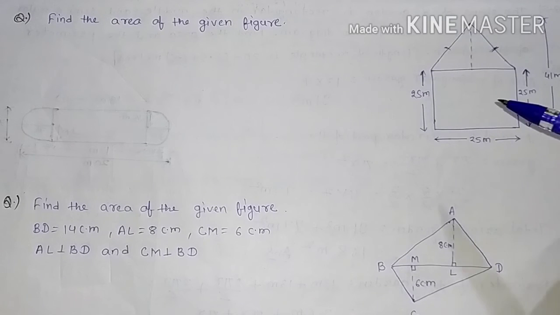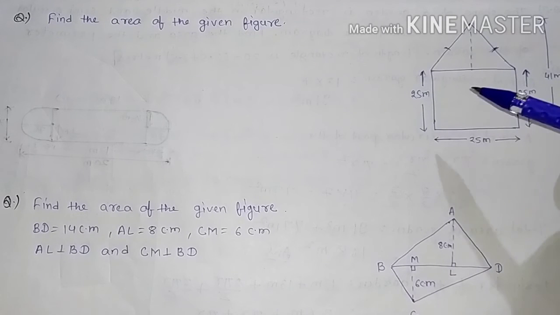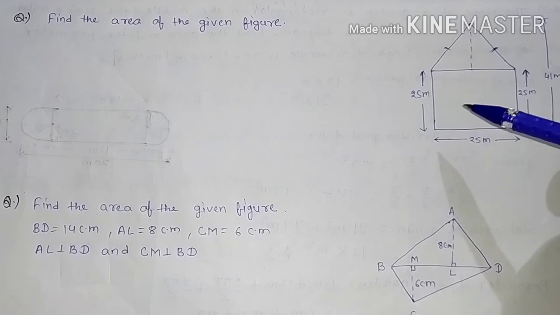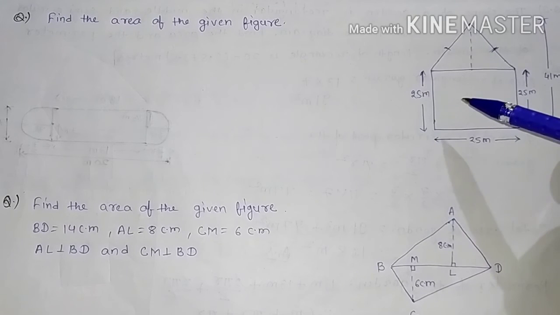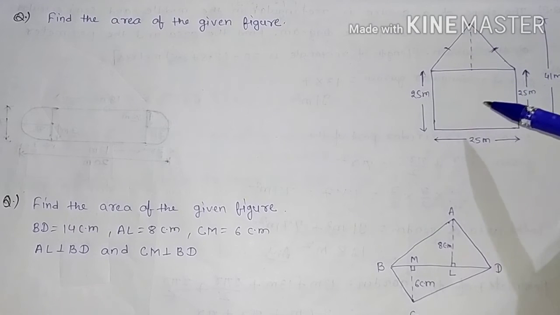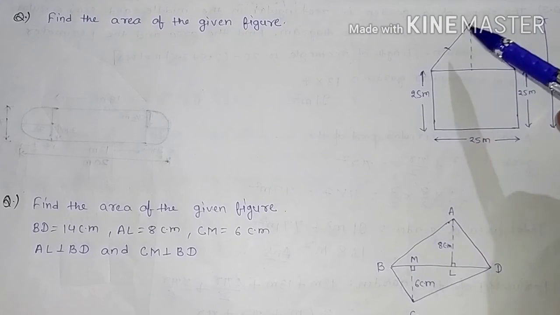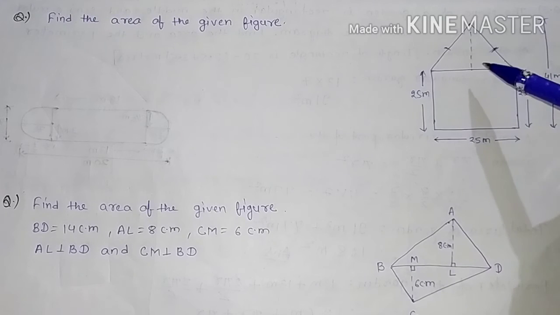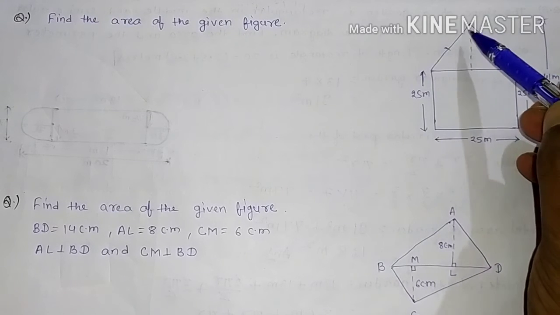Simply find the area of these two figures and add them, and that will be the area of the complete figure. So first of all, we have to find the area of a triangle.